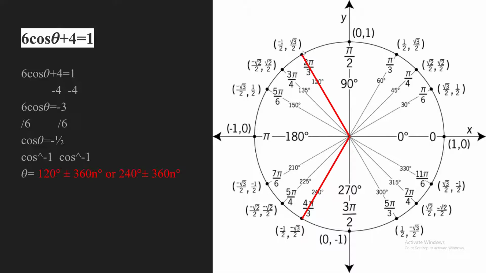So in this case, it would be a 60 degree reference angle from 180, and we'd add that to 180 to get 240, or we just take whatever angle we're given and subtract it from 360, because effectively 0 to 120 is a positive 120 degree angle, whereas 360 to 240 is the same thing as a negative 120 degree angle, which is the same thing, just reflected over the x-axis.